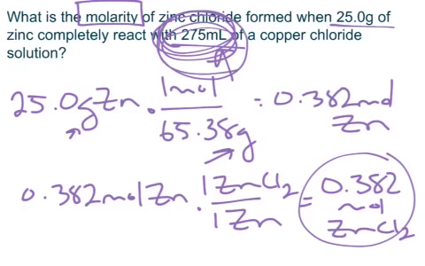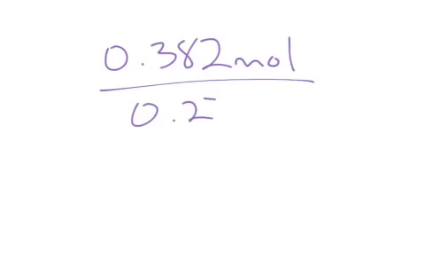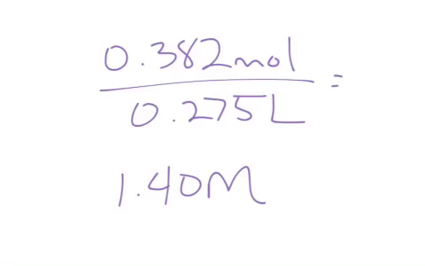We have a volume, so all you have to do is divide them. Okay, but it does have to be in the unit of liter. So the last step is to take the moles and divide by liters, which would just be dividing by 1,000. And that means the strength of the zinc chloride that gets made is 0.140 molar zinc chloride.